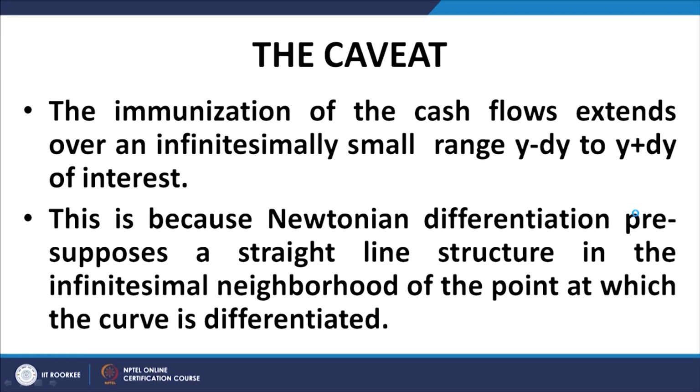What are the caveats to the immunization that I have talked about? Number 1, the immunization of the cash flow extends over an infinitesimally small range, y minus dy to y plus dy. There is curvature. That is the source of so many problems. Had the yield price curve been a straight line, this immunization would have held good over all interest rates around y0.